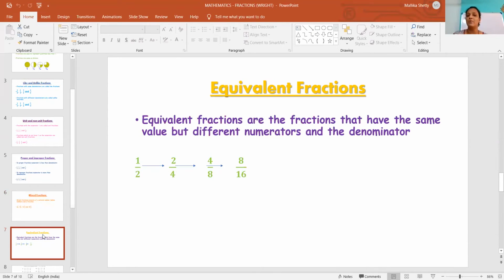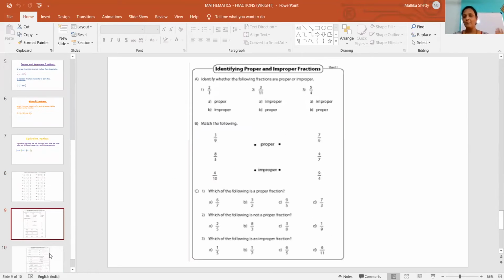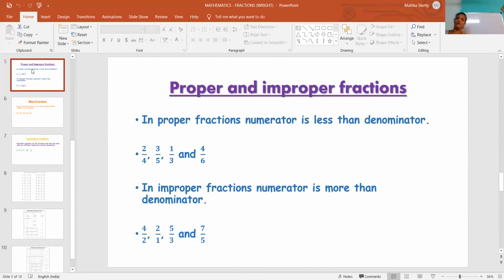And last is equivalent fraction. Equivalent fractions have different denominators and different numerators, but their value is same, and we had solved all this worksheet. You remember? I'm not going to solve it in this class now. I will give you few sums today.